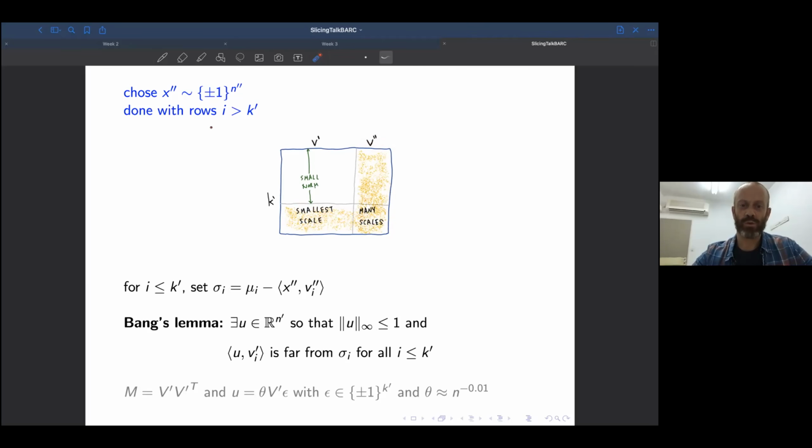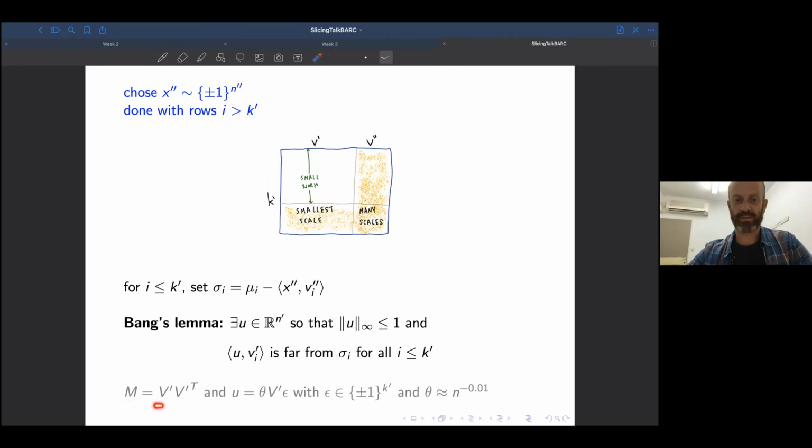Now we are going to use Banks' lemma. Okay? We are going to apply Banks' lemma to this part. So the matrix we are going to apply Banks' lemma with is this matrix, which I denoted here by V prime, times its transpose.